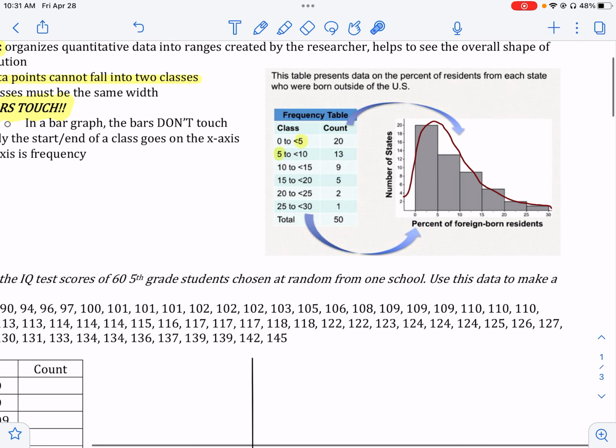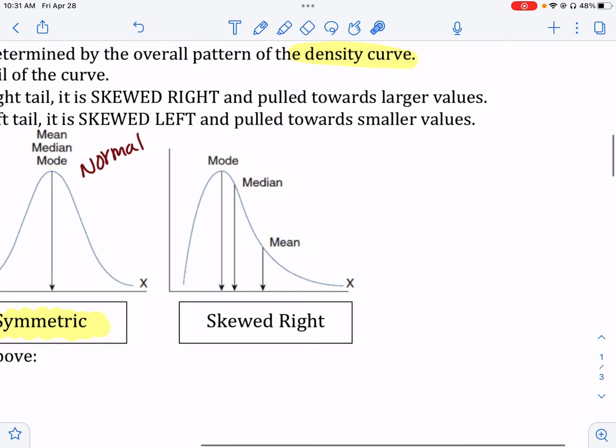This one had what's called a tail out to the right. So it went up, and then as we went to higher numbers, it skewed off. That would be this shape right here. This one is known as being skewed to the right. And so we always talk about the skew being where is the tail? Where is this bit that's kind of trailing off?